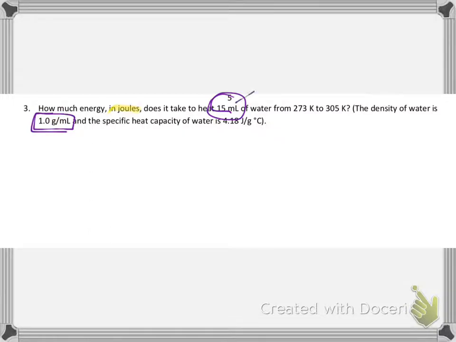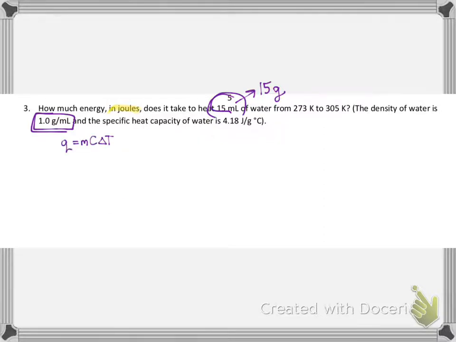So if you have 15 milliliters of water, you have 15 grams. You don't even have to do any calculations for that. And then, of course, it gives you the specific heat capacity of water is 4.18 joules per gram degree Celsius. So go ahead and try this. Use the glories of MCAT, everyone's favorite equation, and see how much energy it would take. When you're ready to check your answer, unpause the video.